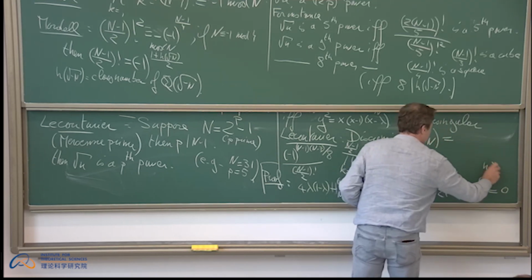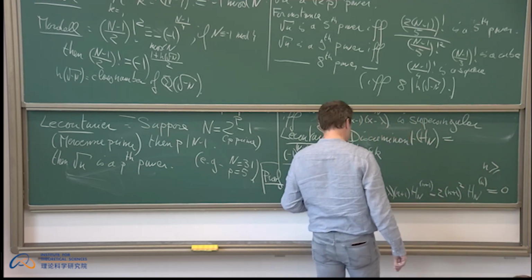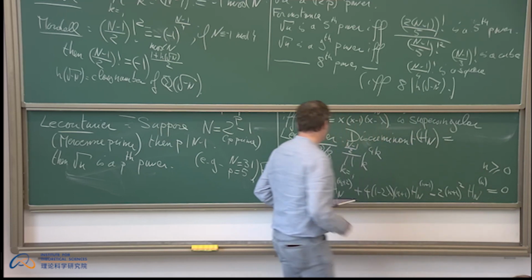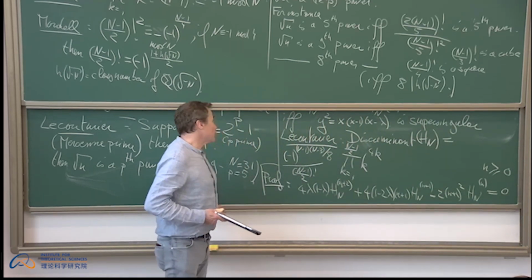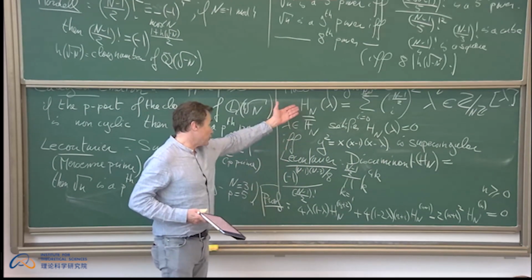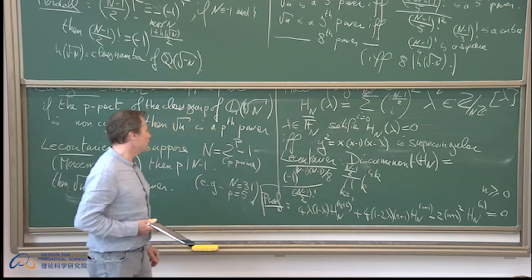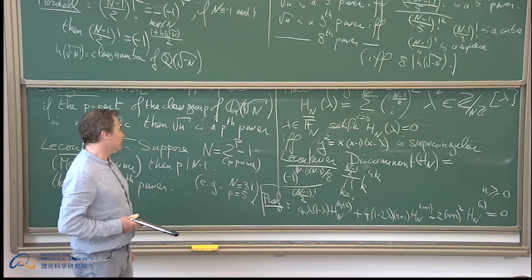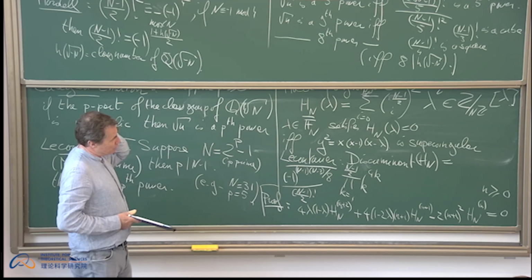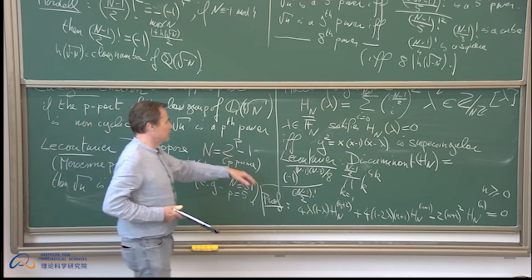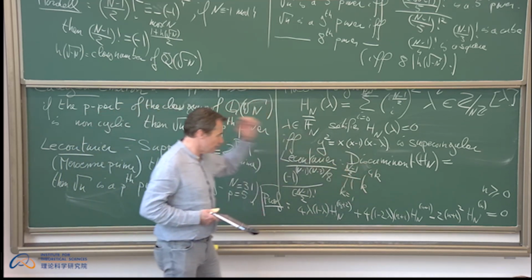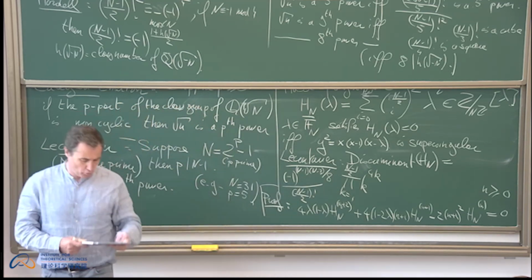So for any n greater than 0. So hn, you can check that hn satisfies this differential equation, and once you have the differential equation, you can play with it and you can compute the discriminant and you get this formula. But this is one of two possible proofs.